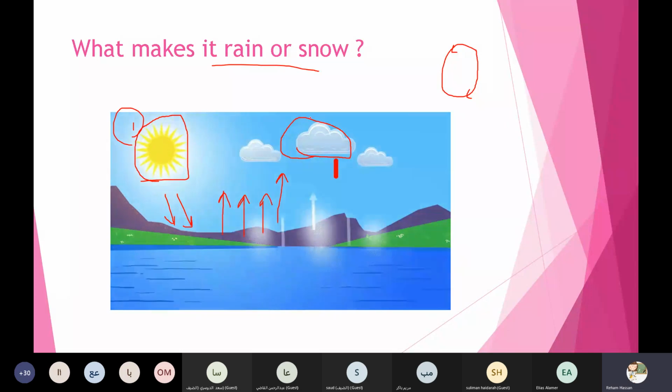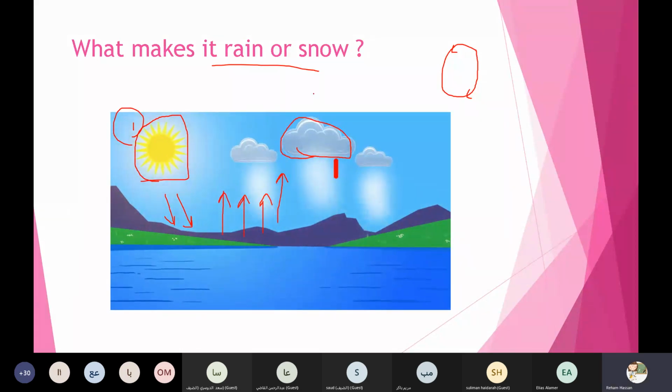And with these clouds, now the water will come back to the earth.